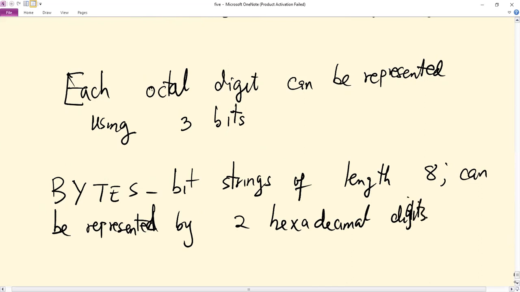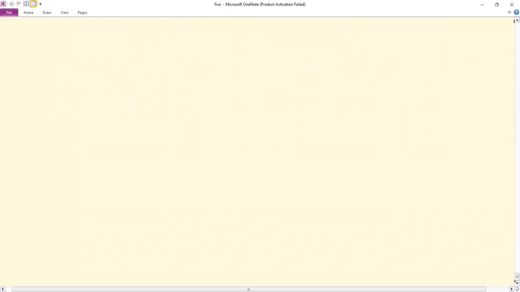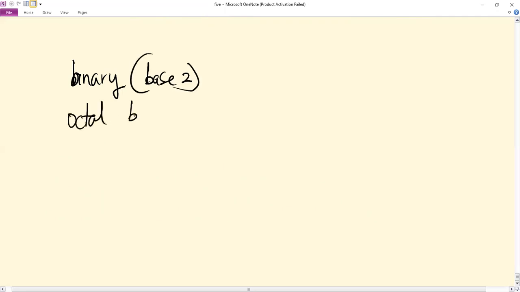Now, just a small proof. You see, we said binary means base 2. Octal is base 8.